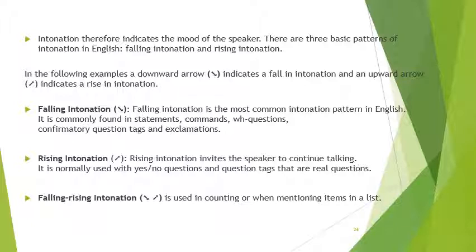There are arrows, as we can see on the slides, that indicate rising intonation, falling intonation, or falling and rising intonation. The first one is falling intonation, where you have a falling arrow. Falling intonation is the most common intonation pattern in English. It is commonly found in statements, commands, WH questions, confirmatory question tags, and exclamations.